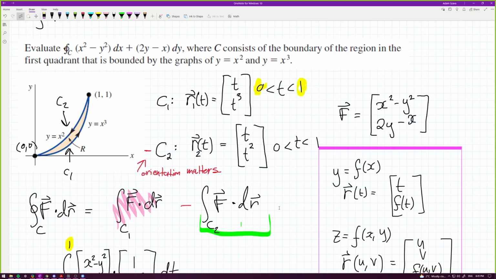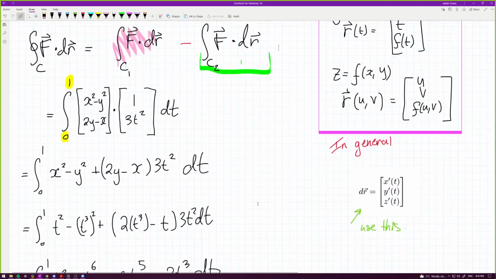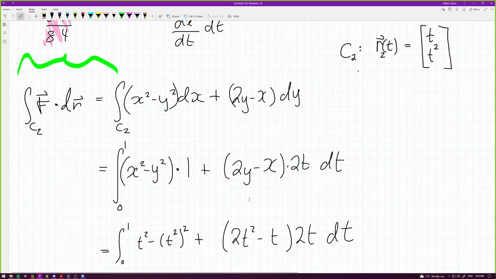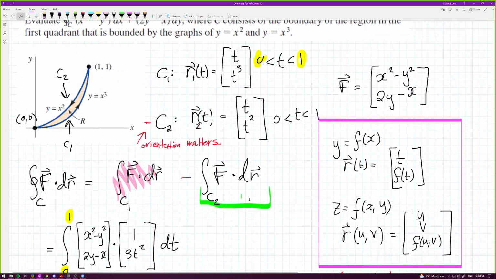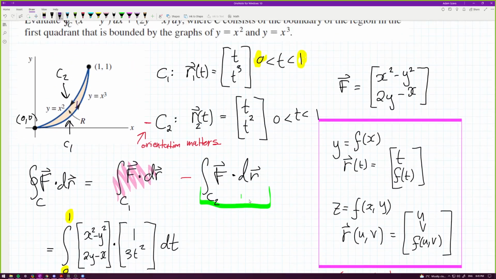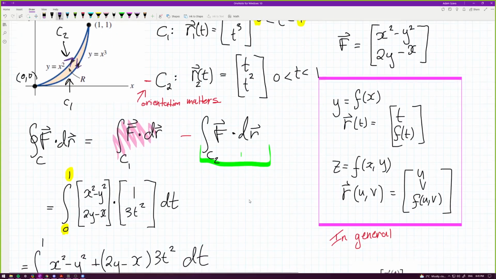It's the bounds that make it negative, right? When you're calculating the line integral, you stick a negative in front of it. Let's say C is a clockwise orientation.